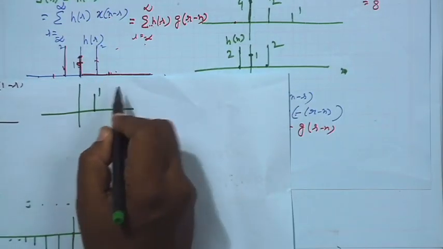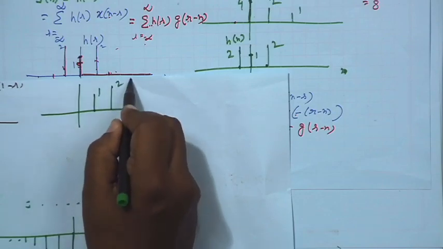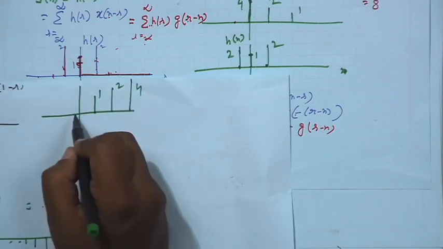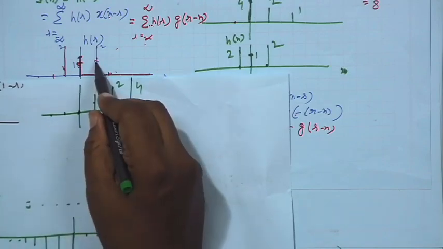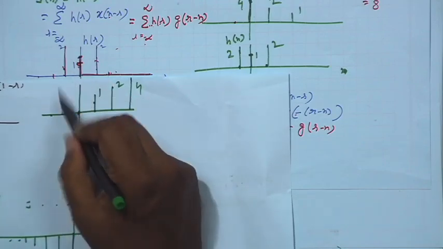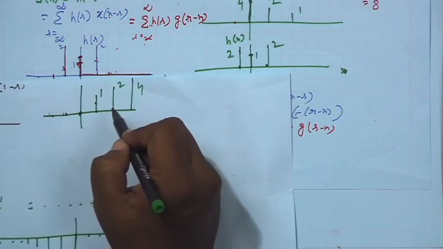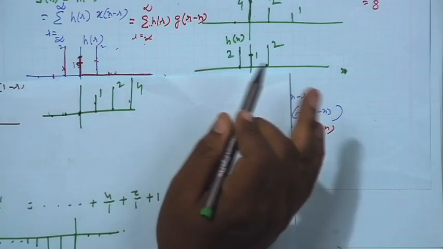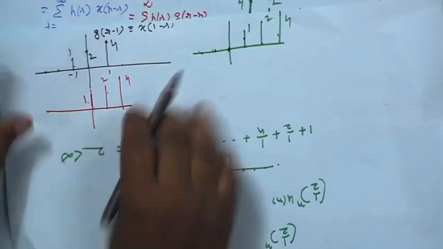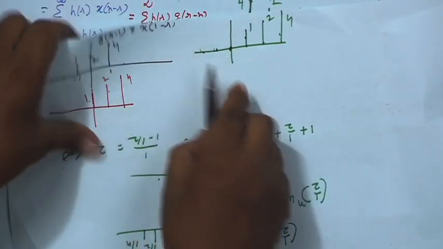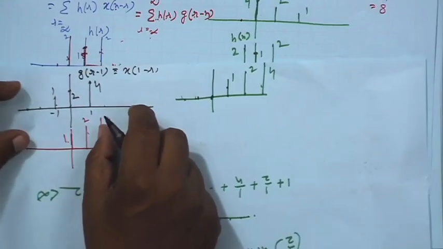So, only 1 here, 2 here, 4 here, 0 moves from that side. So, only this guy into this guy will survive. Here 0 into this, 0 into this, 0 into this, they do not mean anything, and here 2 into 0, 4 into 0 and so on means nothing. So, 2 into 1. So, you see this entire sequence is shifting gradually to the right.